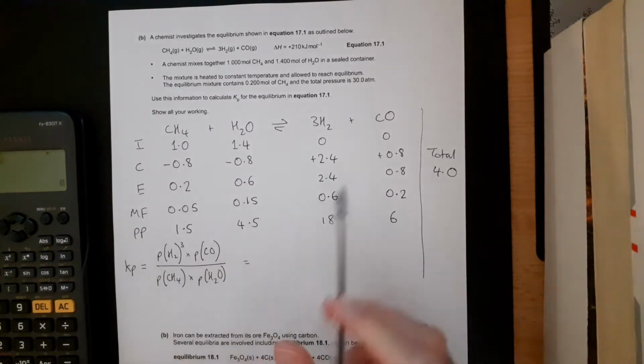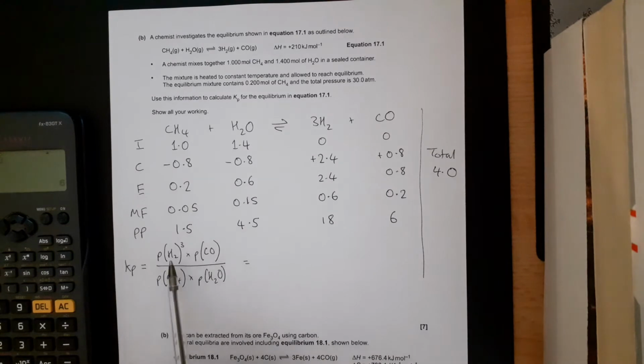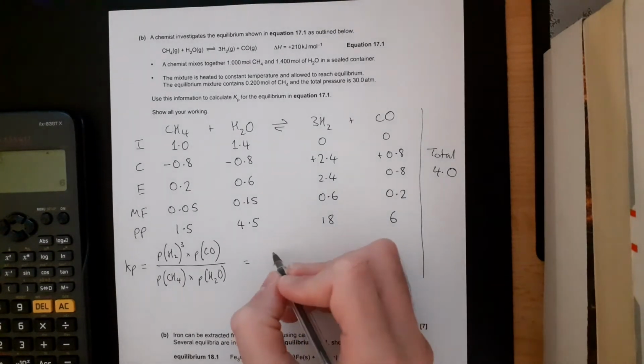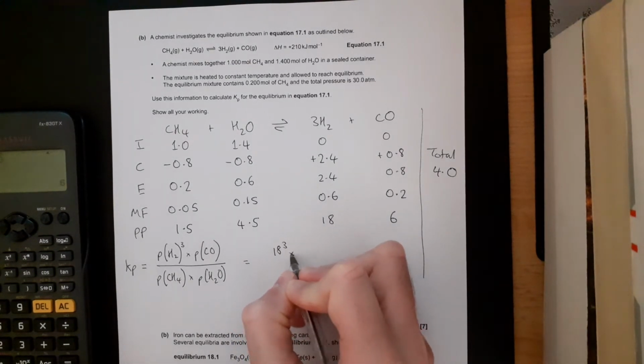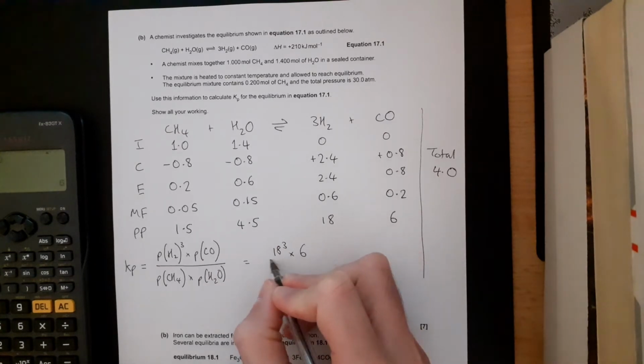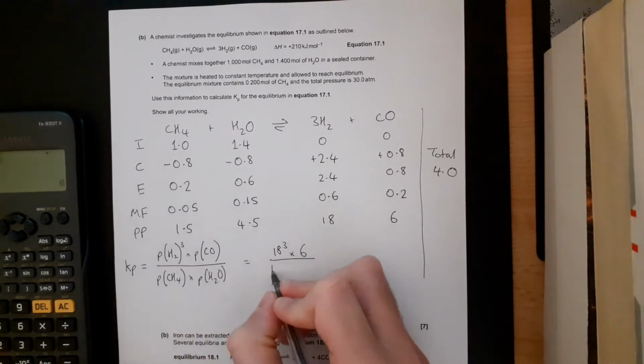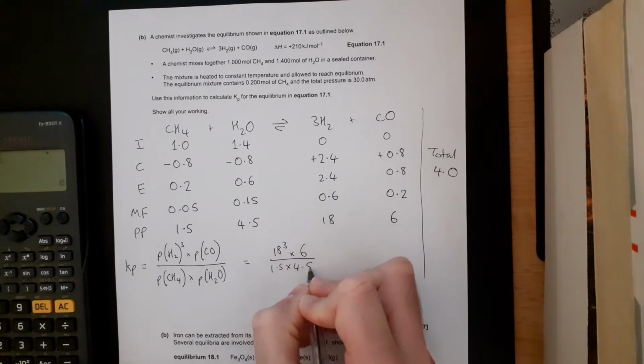So therefore, now we need to be careful we get these in the right places. So H2 is 18, so it's 18 cubed times 6 divided by 1.5 times 4.5.